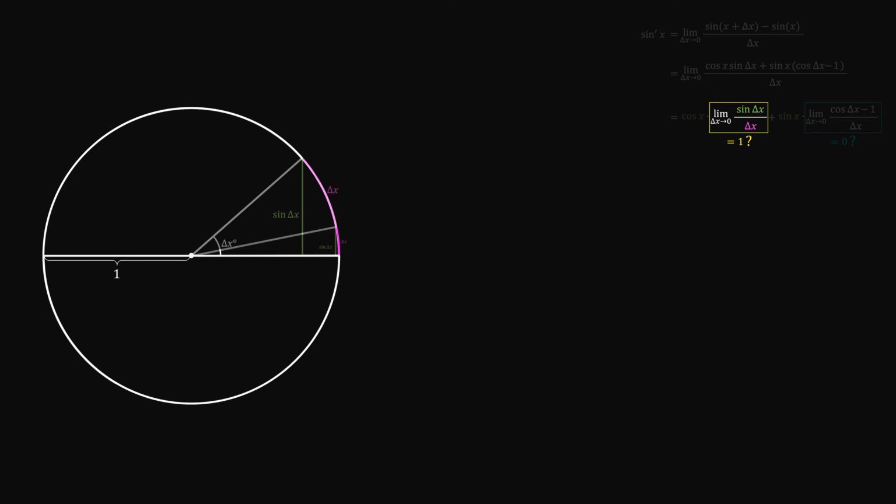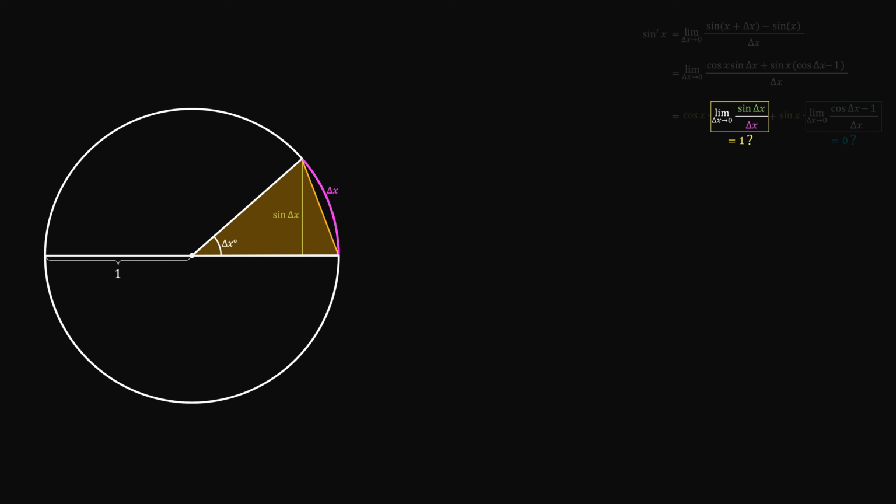To compare the two, we consider three areas. First one, the triangle OAB. Then, the slice OAB. Finally, the triangle OAC. Triangle OAB should be smaller than the slice OAB, smaller than the triangle upside.